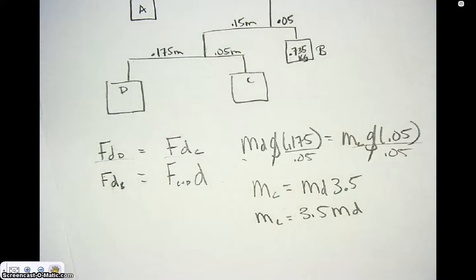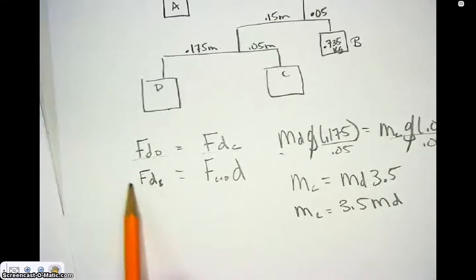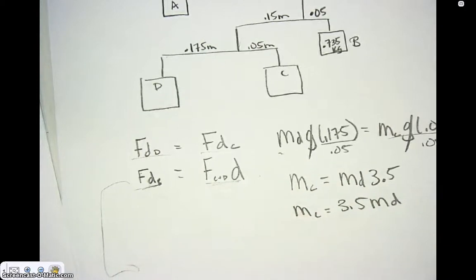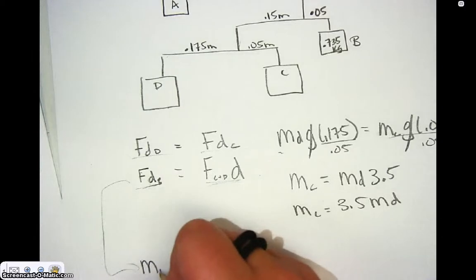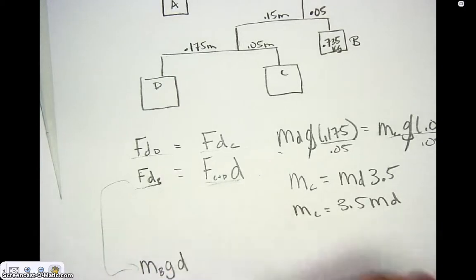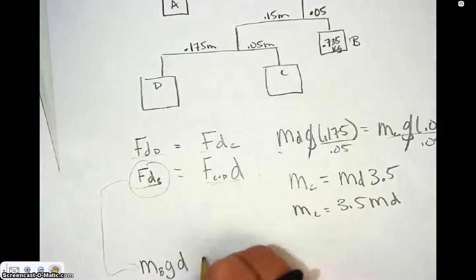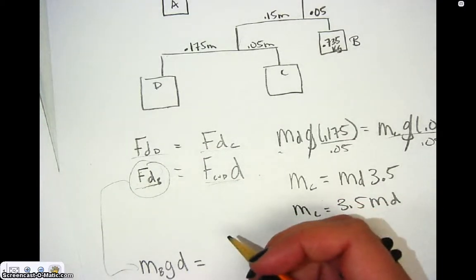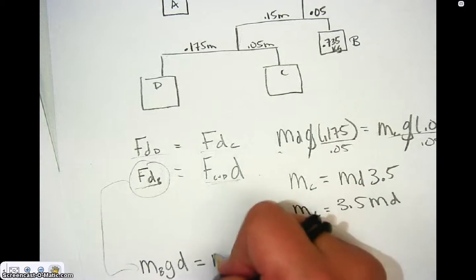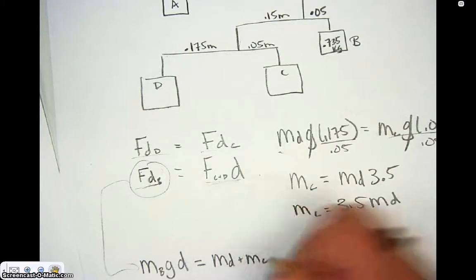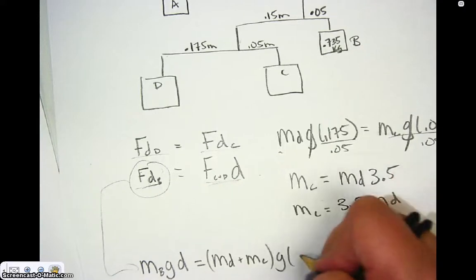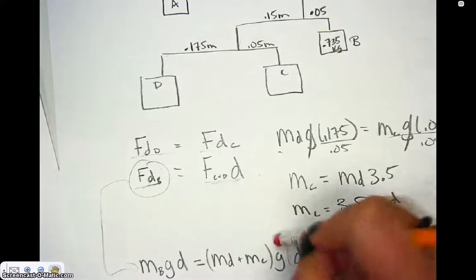Now I'm going to go to this other equation, because I have B, and now I have eliminated another variable. The mass of thing B times gravity times the distance, so that's this part of it, is equal to the mass of thing D plus the mass of thing C, all times G, times the second distance.